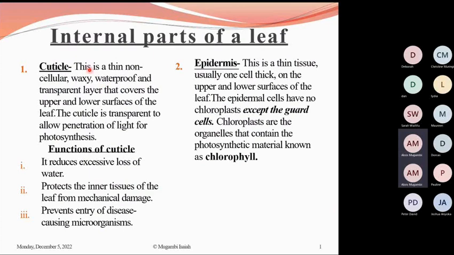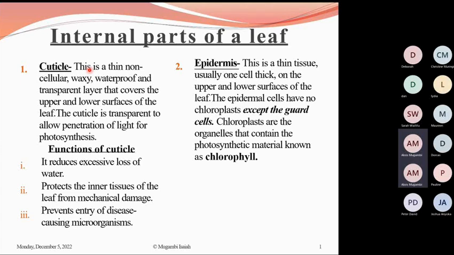The first one is the cuticle, which is a thin, non-cellular, waxy, waterproof, and transparent layer that covers the upper and lower surfaces of a leaf. It's usually transparent to allow penetration of light for photosynthesis.